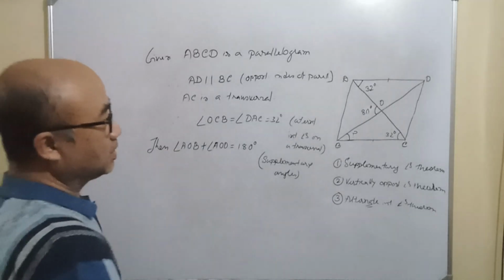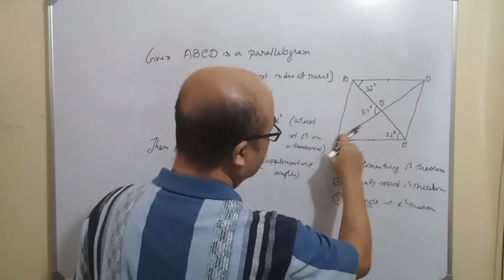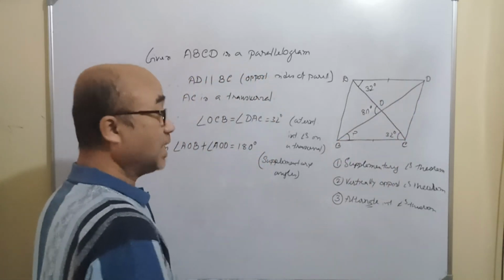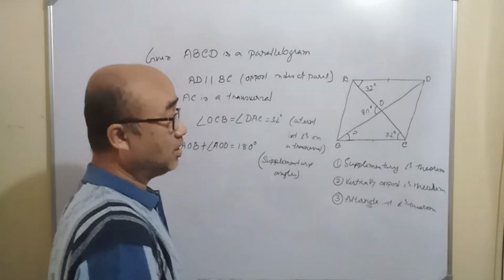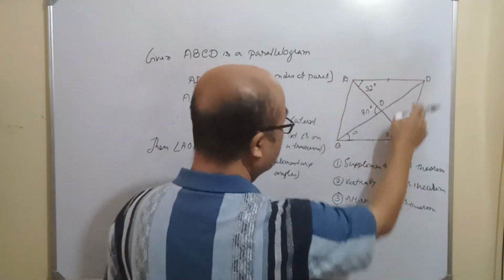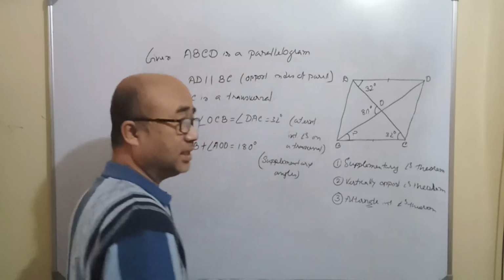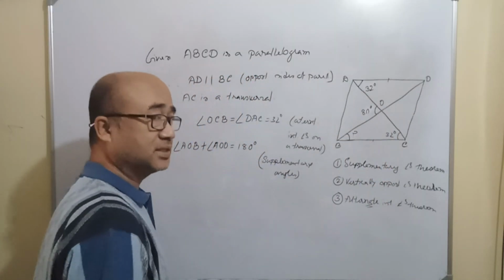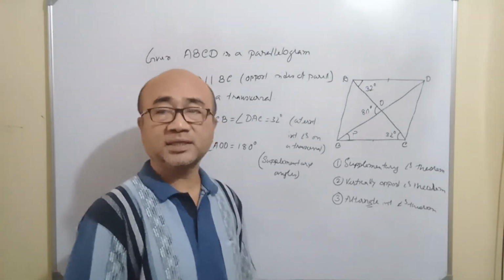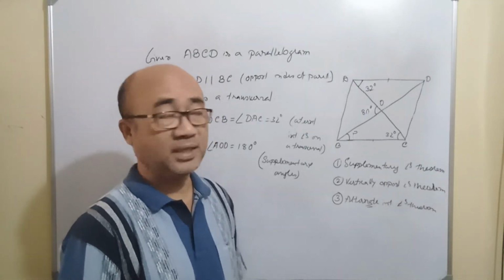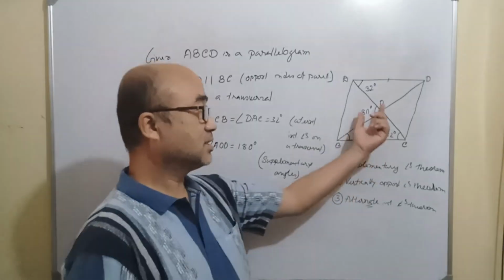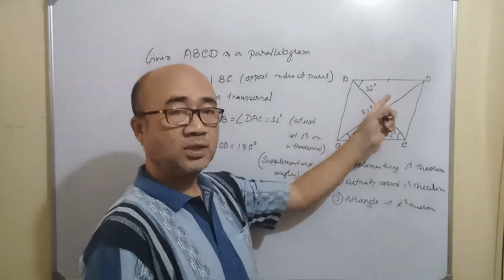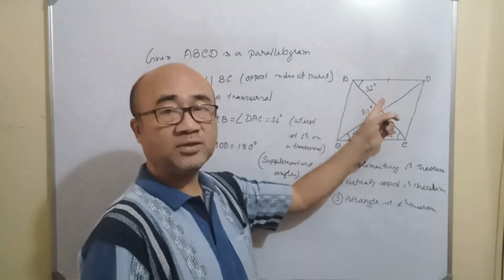AC and BD are two diagonals of this parallelogram ABCD, and they intersect here at this point. Since they intersect each other, the adjacent angles, these two, are adjacent to each other.